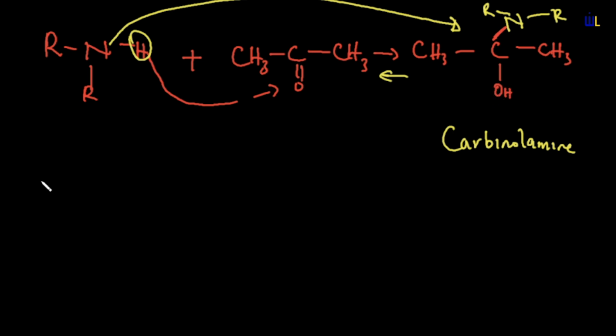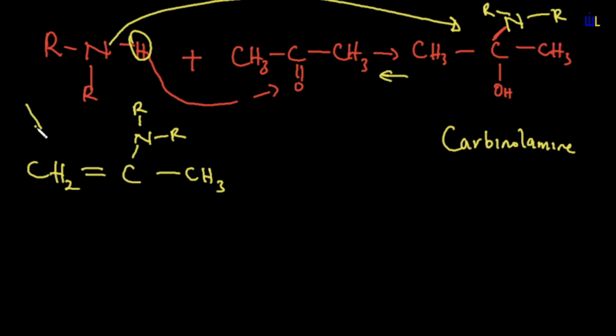And if that happens, you are going to have CH2, a double bond formed carbon, and then you are going to have nitrogen attached to R, and the other R, and then you have CH3. That's basically what happens. So in the case of your secondary amines, after the carbinolamine is formed and dehydration occurs, your product formed is an enamine.